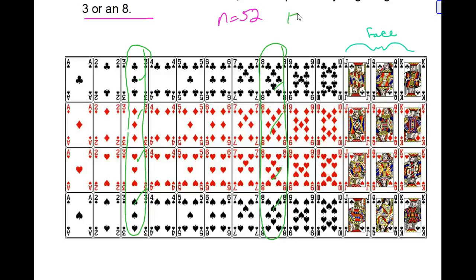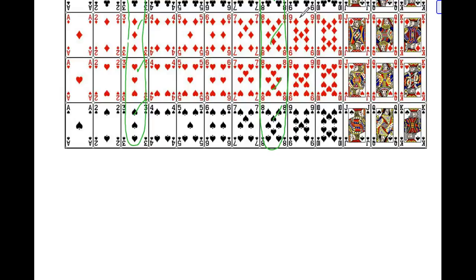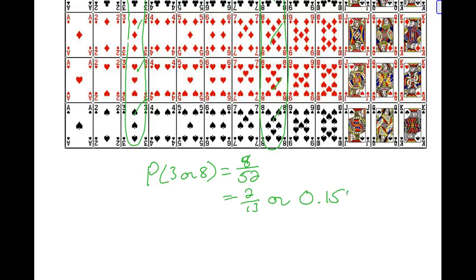So our K is equal to 8. So the probability of a 3 or an 8 is equal to 8 out of 52. We simplify that down into 2 over 13, or in decimal form, that's approximately 0.154. Okay?